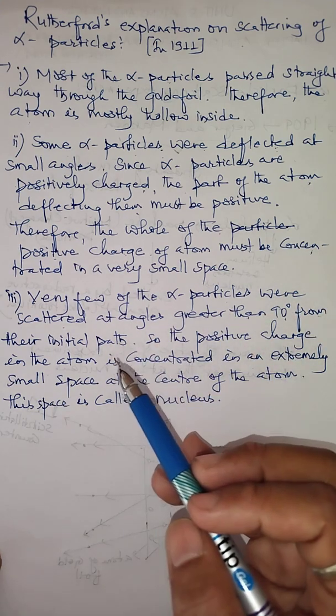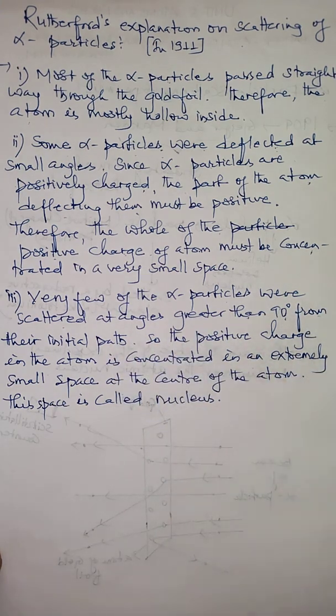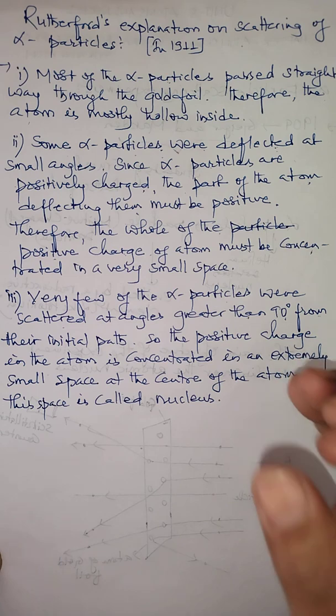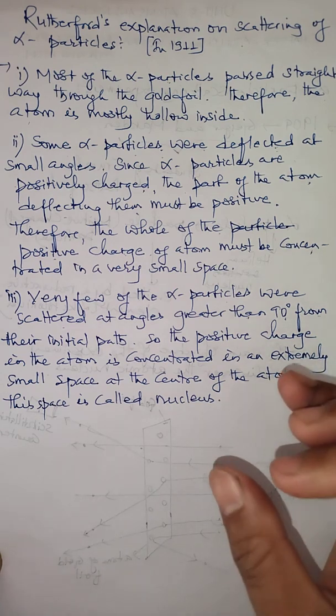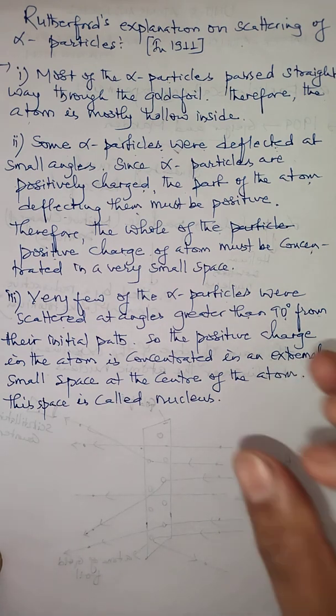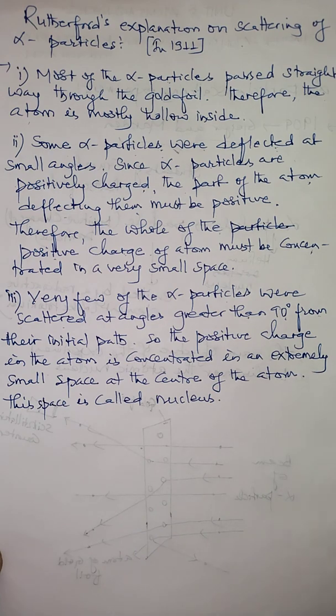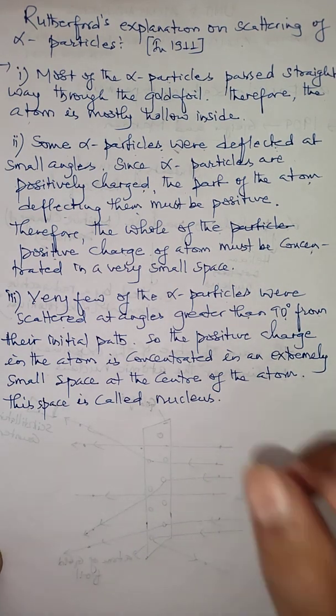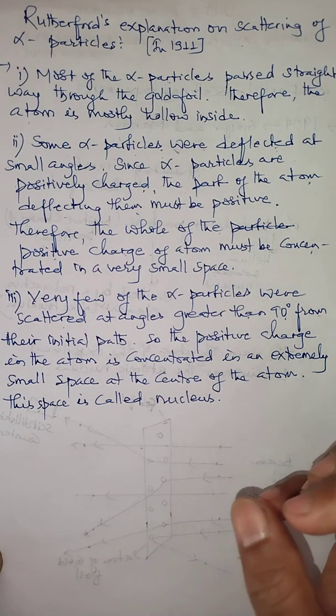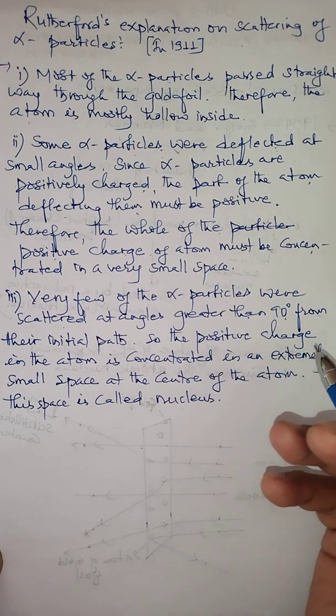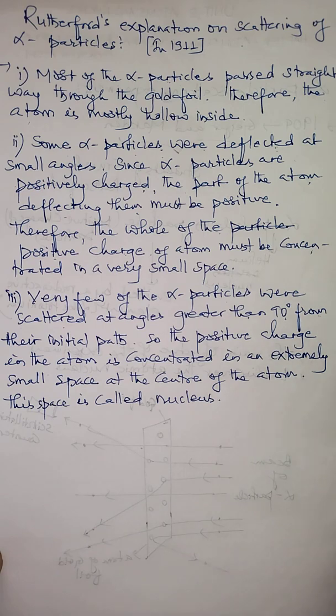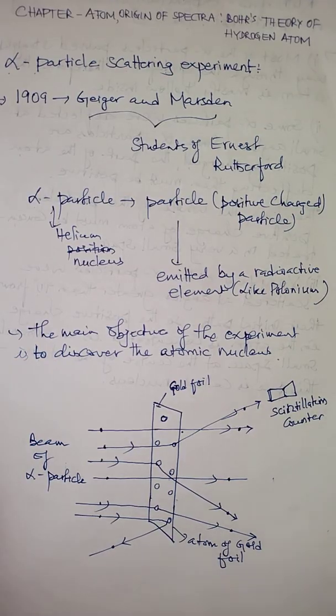So from this, it is evident that when high speed alpha particles, which are positive charge particles, pass through the atom of gold foil, very few of them experience a very strong repulsive force, so that they return back at an angle of more than how many degrees? 90 degrees.